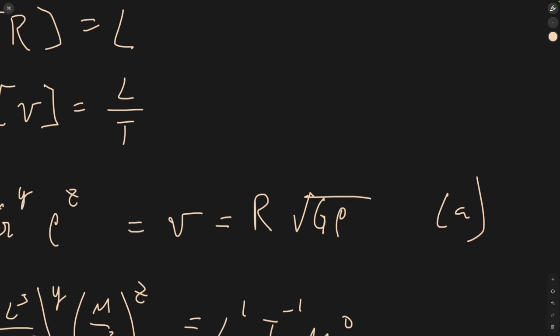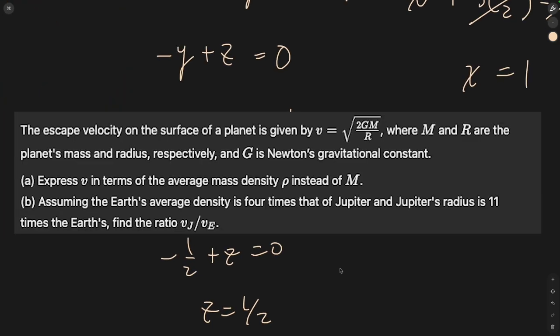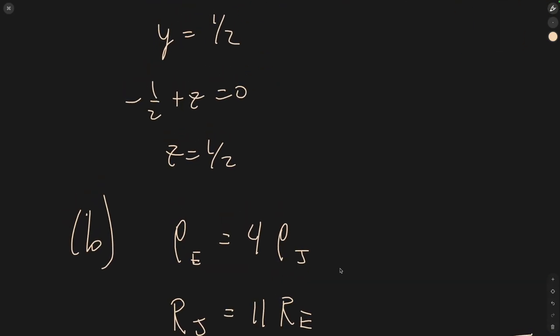Let's move on to part B, yes? Alright, now I'll let you attempt part B on your own, so go ahead and pause the video here and try that. Okay, now I'll provide a hint for part B. So, they provide the density of Earth in terms of the density of Jupiter, and the radius of Jupiter in terms of the radius of Earth.